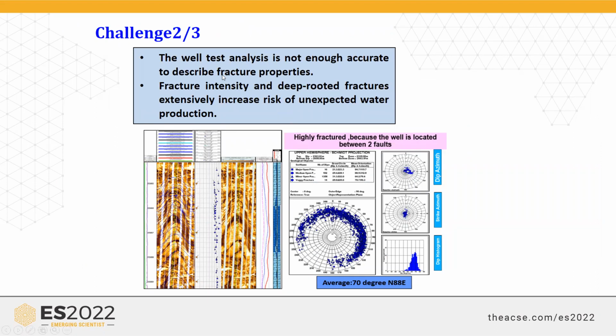The second challenge is that here you can see the interval is heavily fractured, and well test analysis is not accurate enough to describe fracture properties and fracture characterization. Also, fracture intensity and deep-rooted fractures carry a risk of unexpected water production.